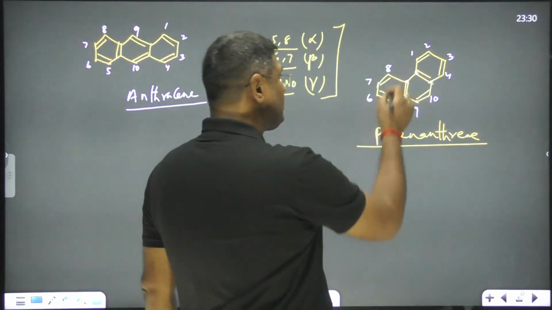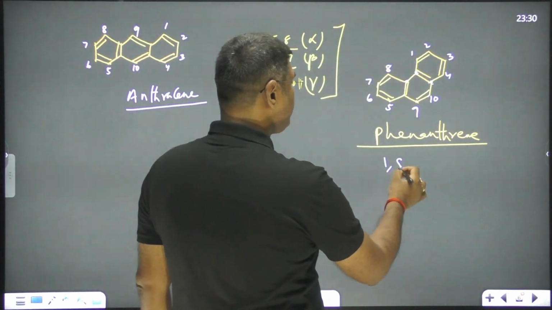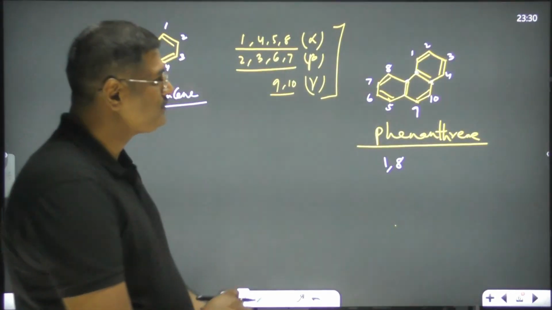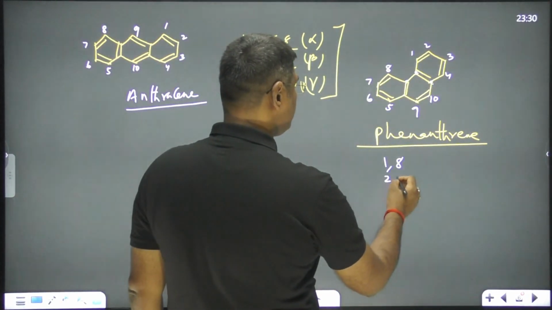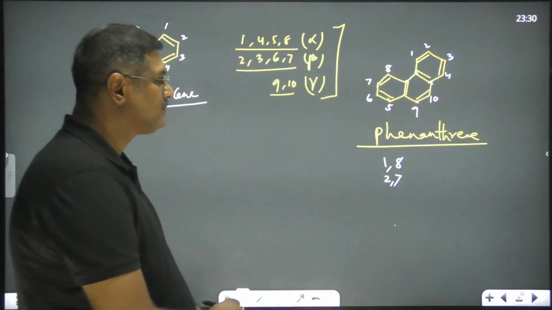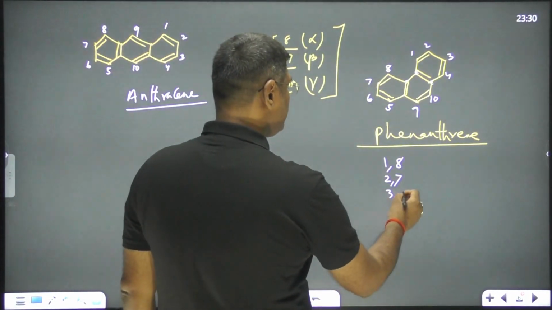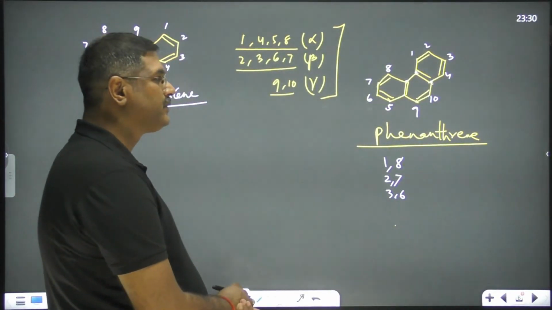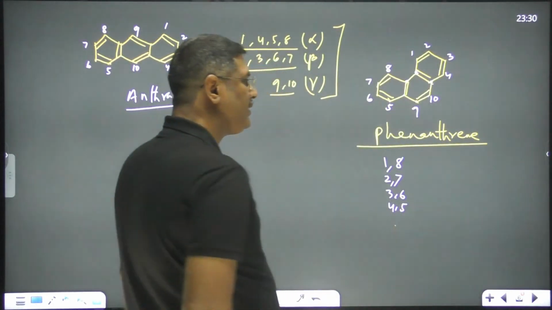Then which are the equivalent places here? Yes, you see, 1 and 8, these two are equivalent. 2 and 7, these two are equivalent. 3 and 6, these are equivalent. 4 and 5, these are equivalent.